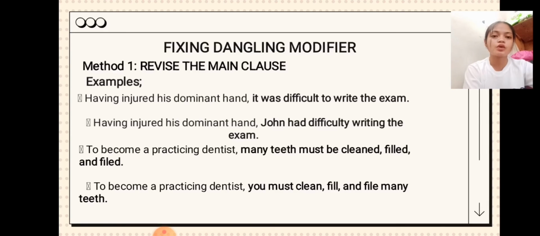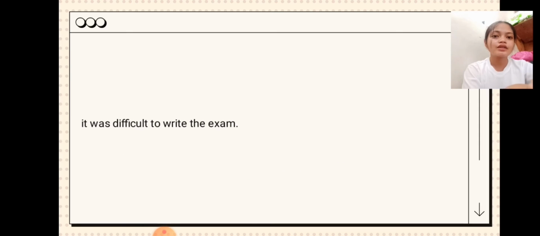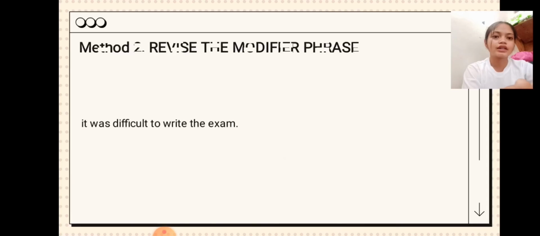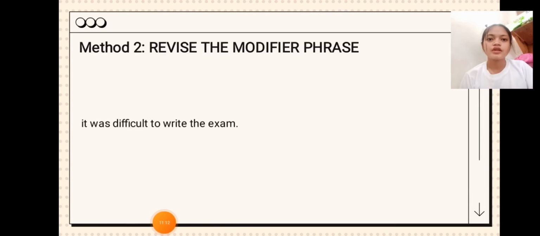Now let's move on to the second method of fixing a dangling modifier, which is to revise the modifier phrase. Another method is to include the subject in the introductory phrase, leaving the main clause as it is.